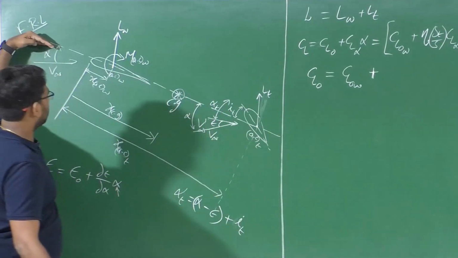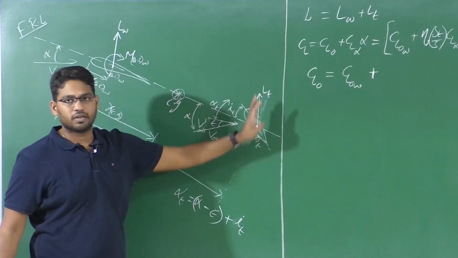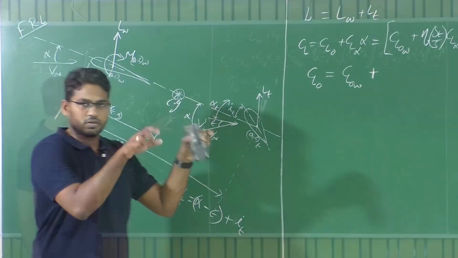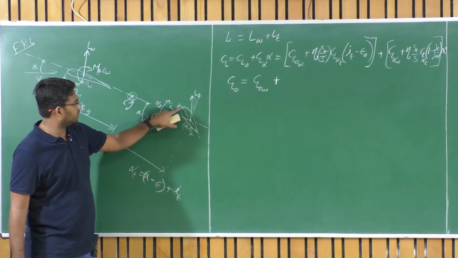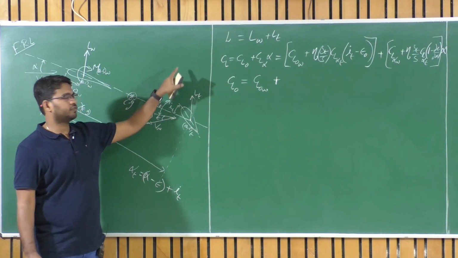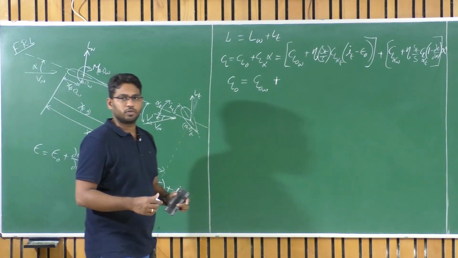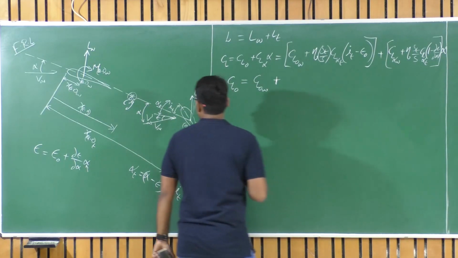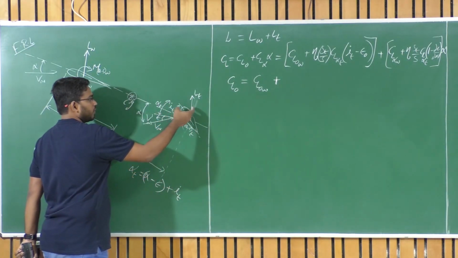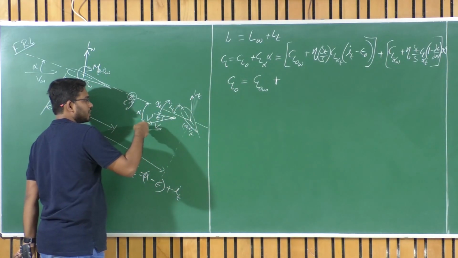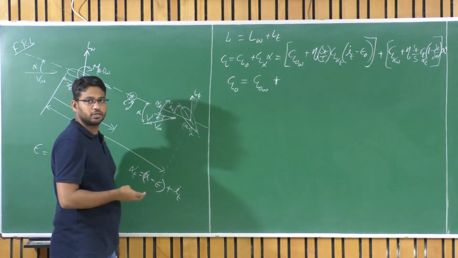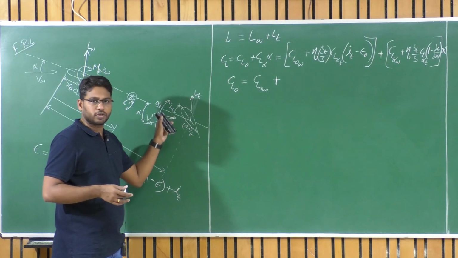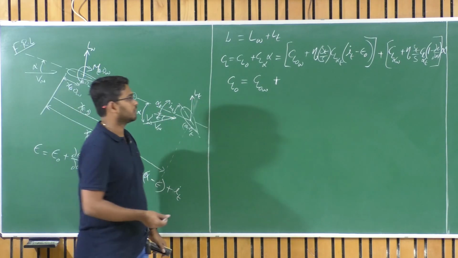Though this is 0, still there is a constant CL alpha times i of t. In a loose sense, this will be the contribution of tail lift towards the pitching moment, right? Throughout the flight it will be constant, and it becomes a summation: when there is a change in angle of attack, or when you change to a different angle of attack, there will be an additional component because of that particular angle of attack at the tail.